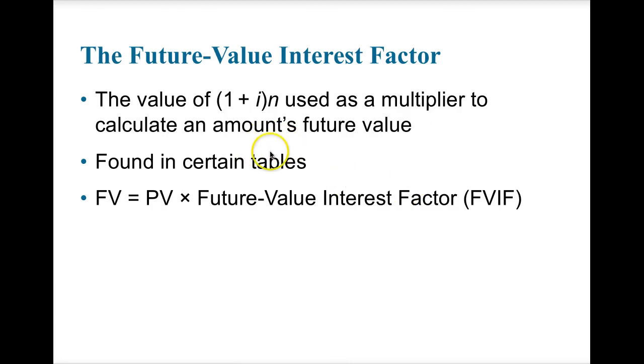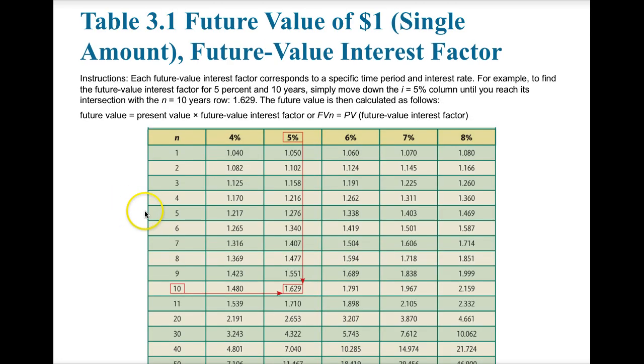Now, the future value interest factor is the rate that we multiply the money against to get the future value. So it would be the present value times the factor to get the future value. Here's a chart of the factors.